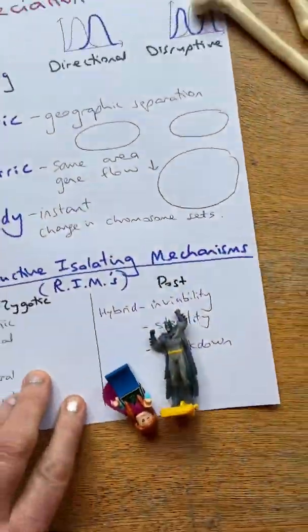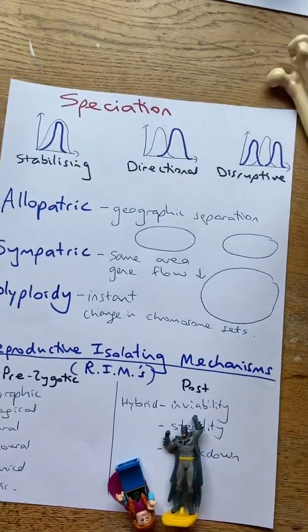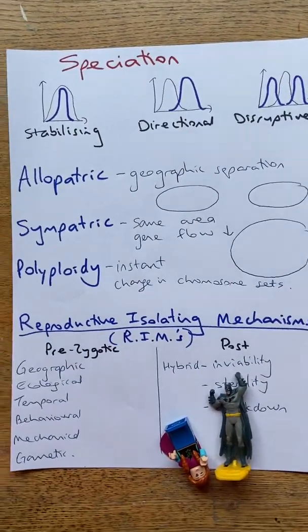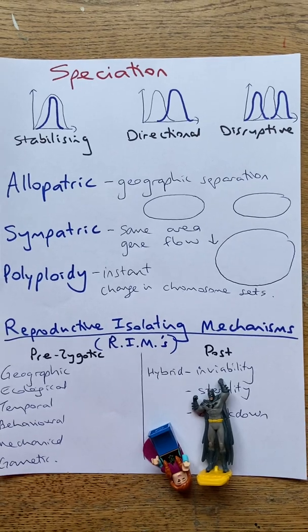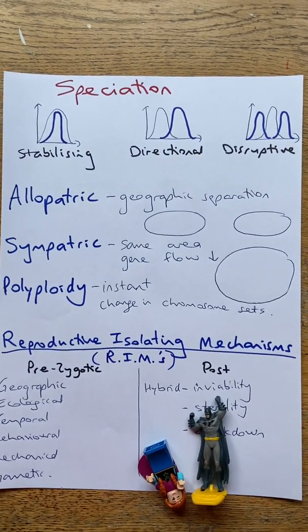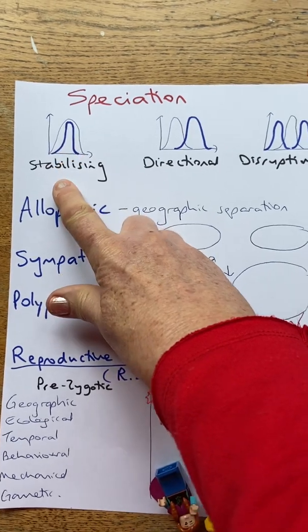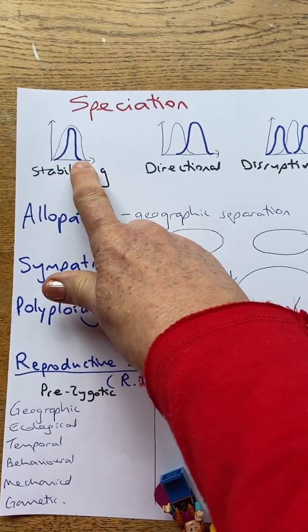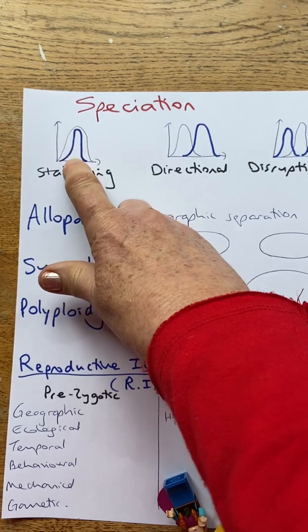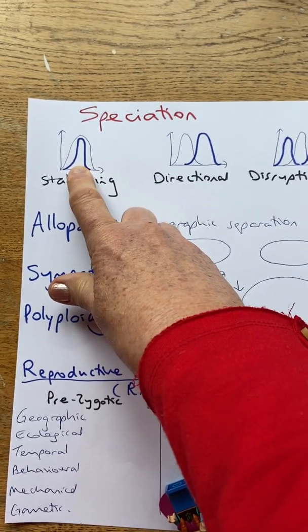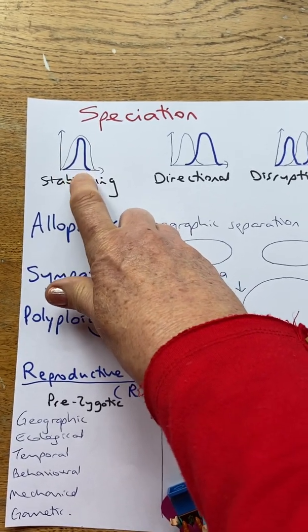So speciation, moving the fossils out the way. So we have, with natural selection and the changes over time in our gene pools, we can have the phenotypes. These are graphs of phenotypes, either changing to be more stable, so the feature, the sort of central in the bell curve is the most useful one.